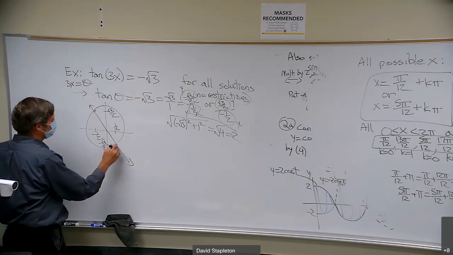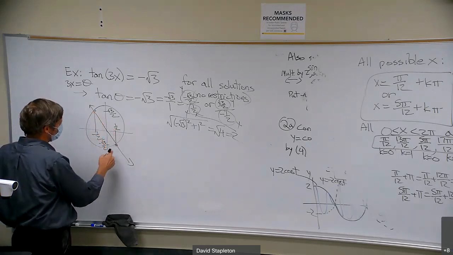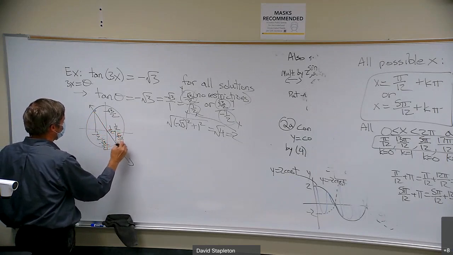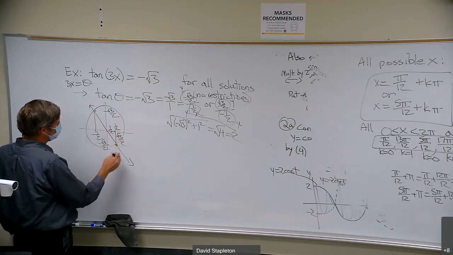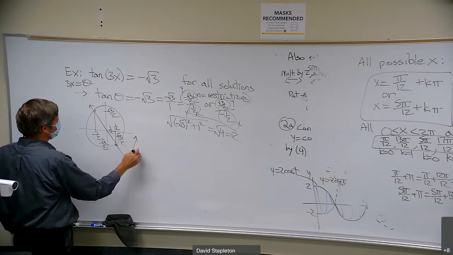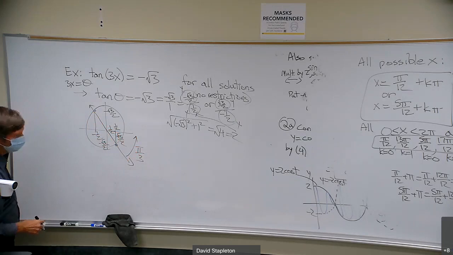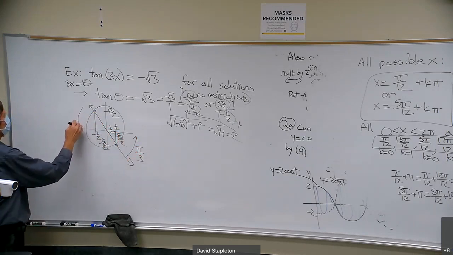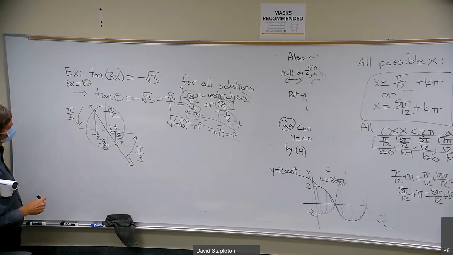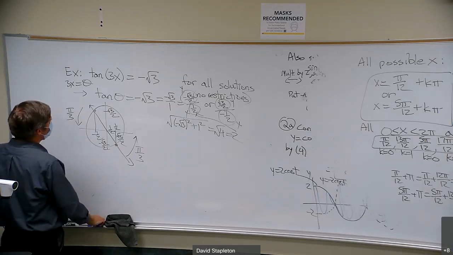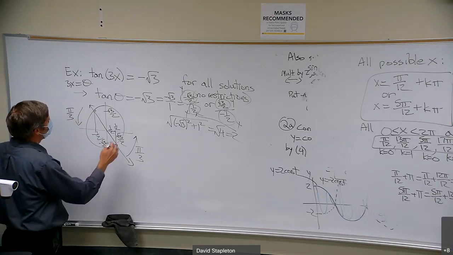When I drop a perpendicular, I recognize, oh, 1/2 this way, square root 3 over 2 this way, because I went down to minus square root 3 over 2, makes this a 60-degree angle, right? Pi over 3. As always, the opposite one is the same by symmetry. That's pi over 3. Now I recognize what angles will make tangent of theta equal minus square root 3.